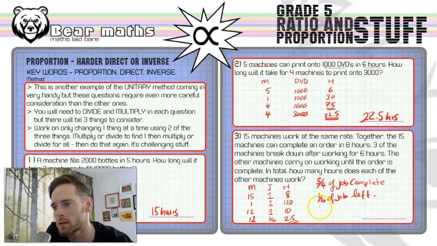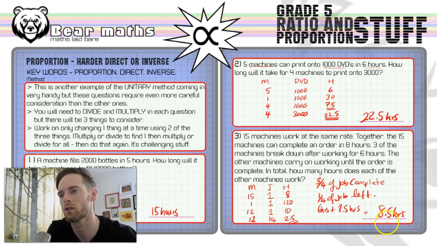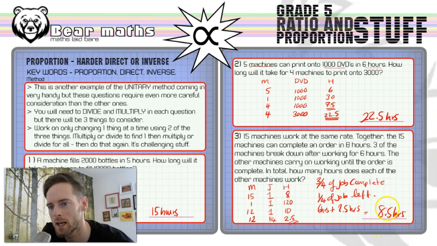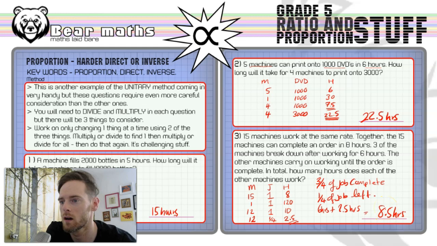So that's 6 hours plus the 2.5 hours, which equals 8.5 hours in total. So they'd be working an extra 30 minutes each to get that job done. Yeah, that's it. That is the answer to the question.